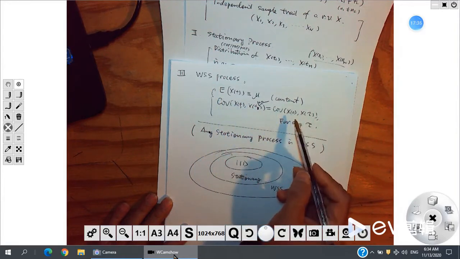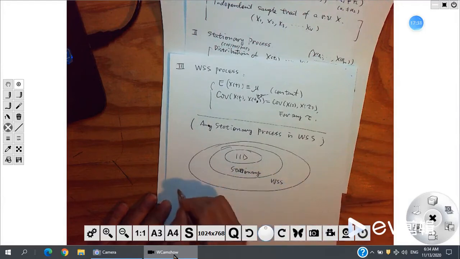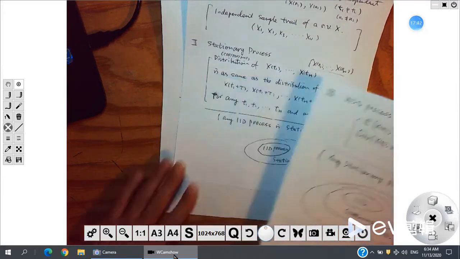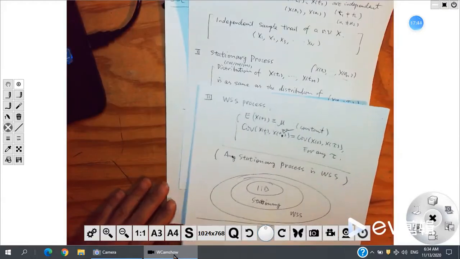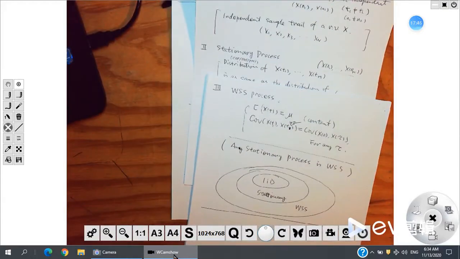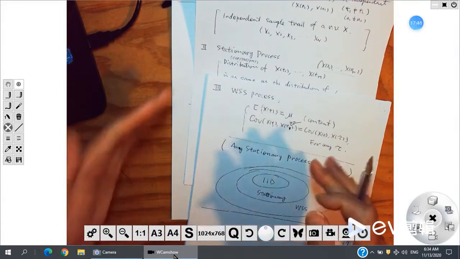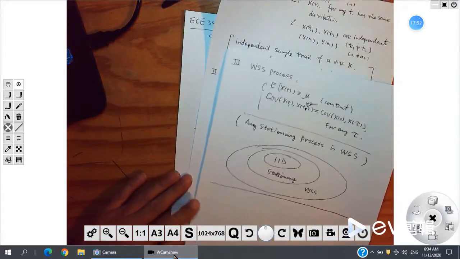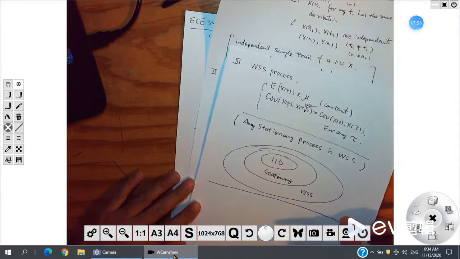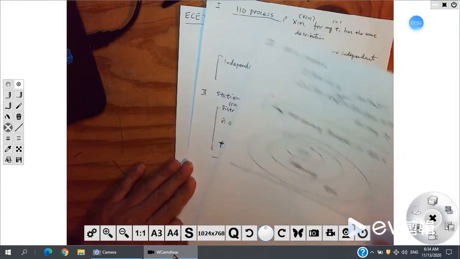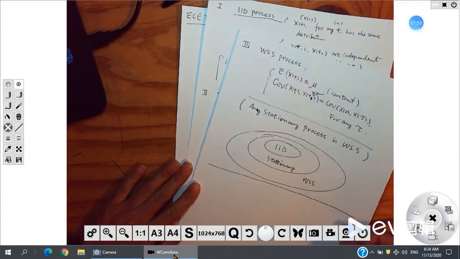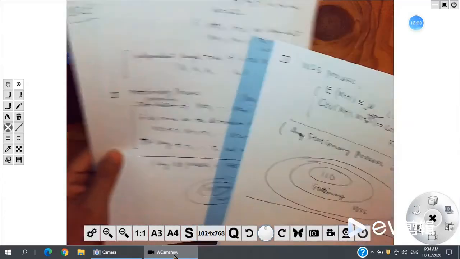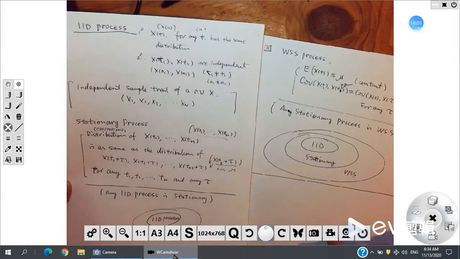All right, so we have these three kinds of processes. This is what we studied last time, and all these points are the main topic about stochastic processes in our class. Now let's study some examples and some more details about all of these.